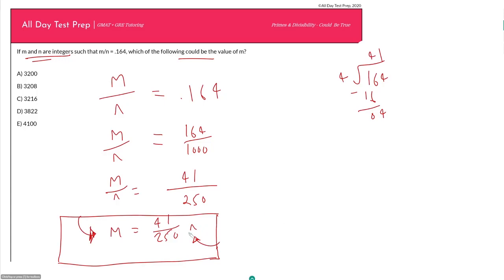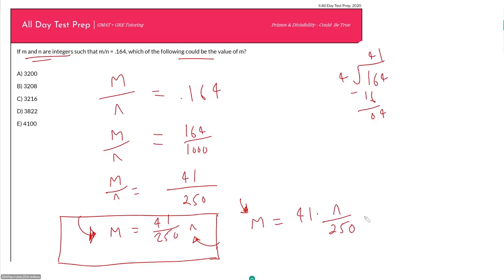So what does that mean? That means this n here must cancel out this 250, because we just sort of rearrange this. We can think of this as 41 over 250 times n. That's the same thing as 41 times n over 250. And so the only way to get an integer on our left side is if we cancel out this denominator here, this 250.